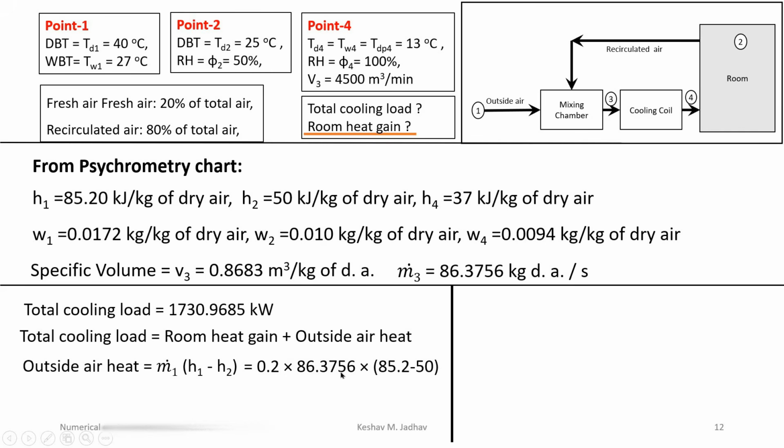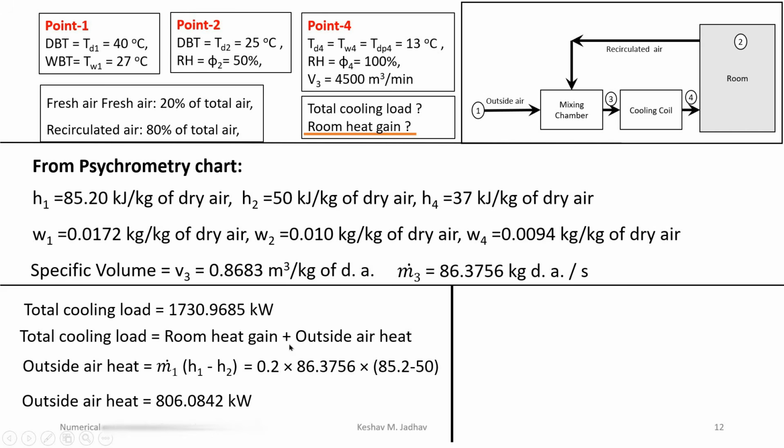86.3756, that is 20% of this total air, into enthalpy H1 is equal to 85.20 and enthalpy H2 is equal to 50. So by putting these values, we will get outside air heat is equal to 806.0842 kilowatt. So this is outside air heat.